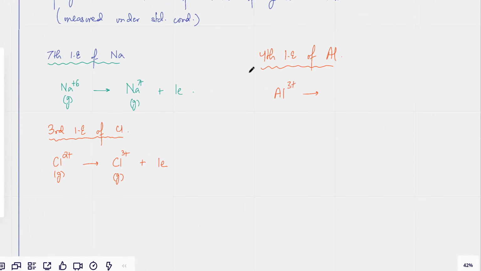You're now trying to get rid of the 4th electron. So the 4th electron is removed and it becomes 4+. Okay, so make sure and remember to write down the states. This over here is going to be gaseous. So both of them would be in gaseous state. Hopefully this is clear.